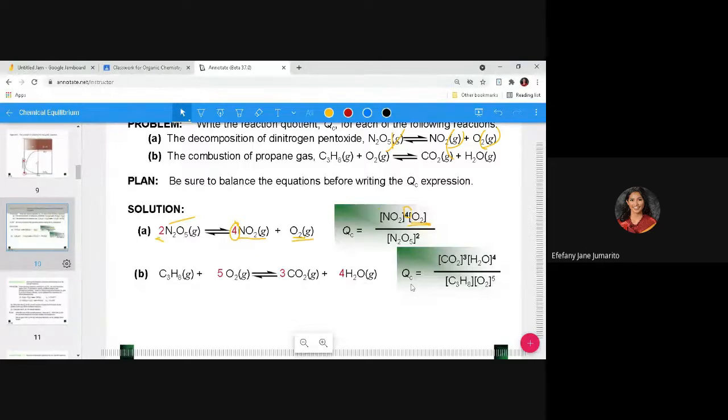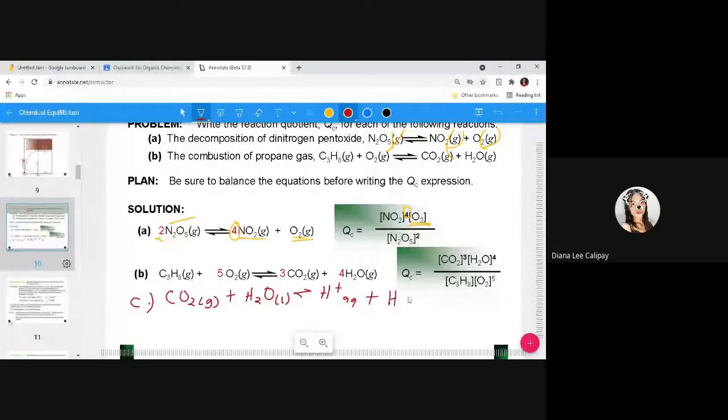Okay, so what is the Qc? Please read. Qc is equal to CO2 raised to the power of 3 multiplied by H2O raised to the power of 4, over C3H8 multiplied by O2 raised to the power of 5.